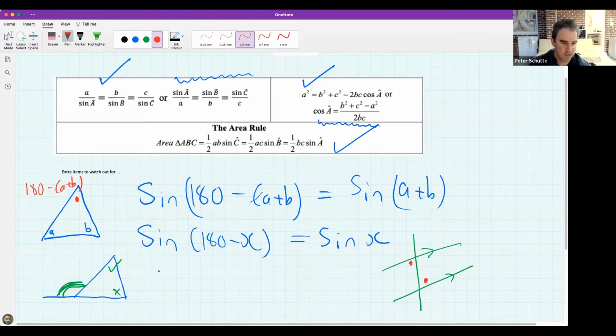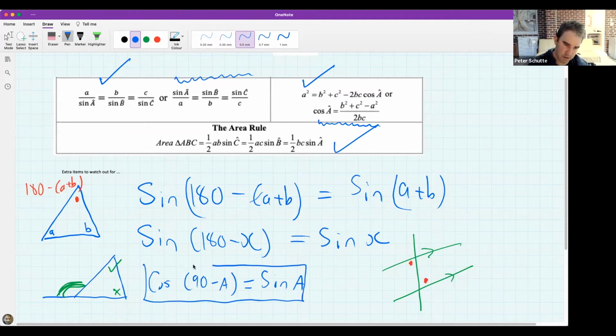There's another reduction formula that says the cos of 90 minus A is the same as the sine of A. And that's another type of reduction formula that I may mention during the lesson tonight. Now, if you haven't done this topic yet, you won't know it, but I'm just pointing it out. So even if you've never heard of it, just let it seep in a little bit, and then we'll see later in the lesson if it comes up.